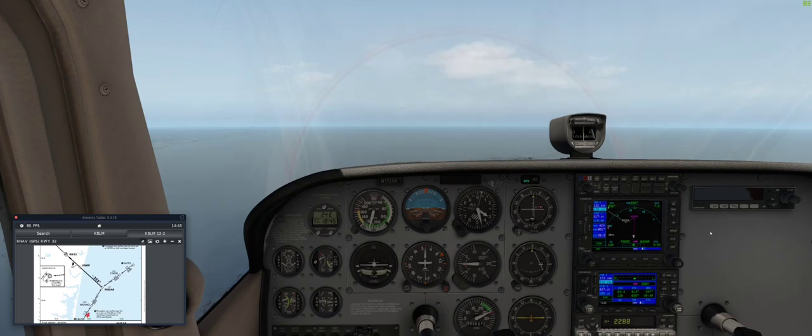Our CDI is going to show us our position relative to the runway left and right, as well as the vertical descent path that's appropriate. And the glide slope line is going to work and help us stay on the appropriate descent.